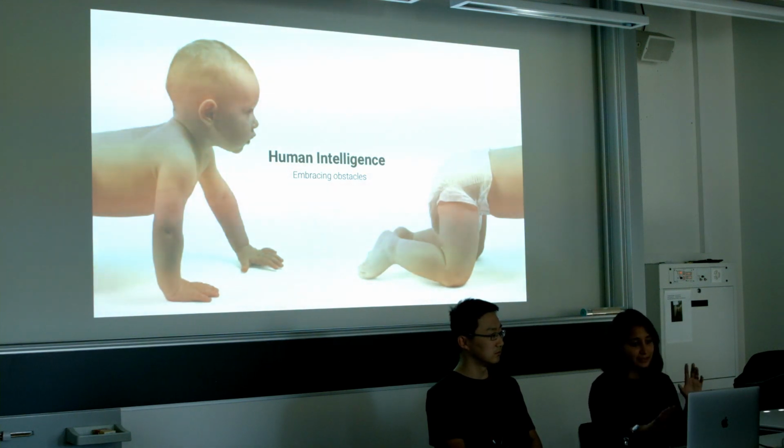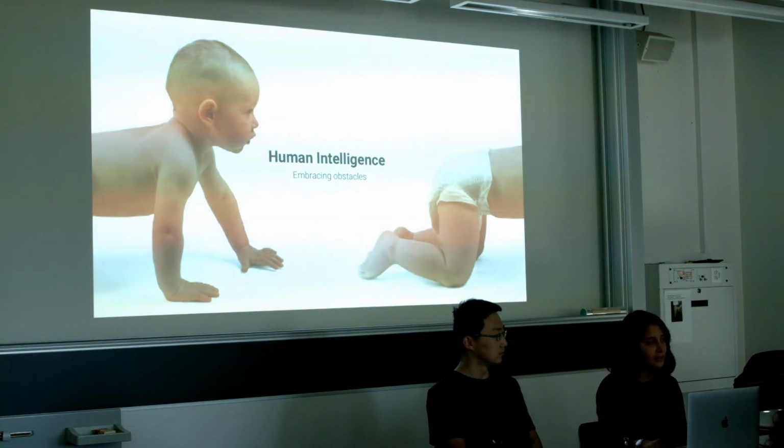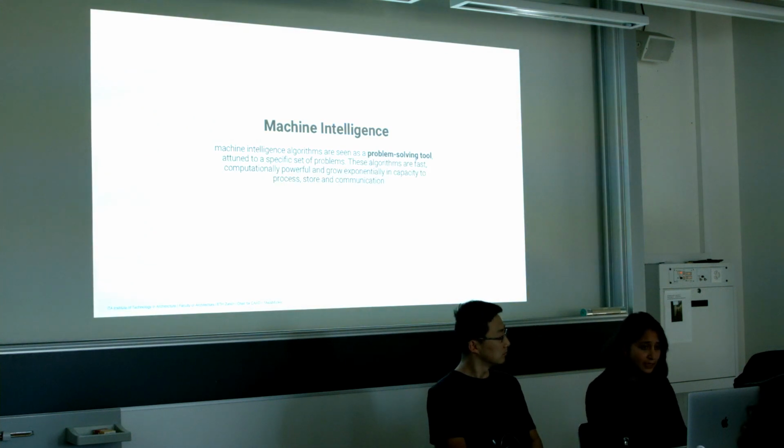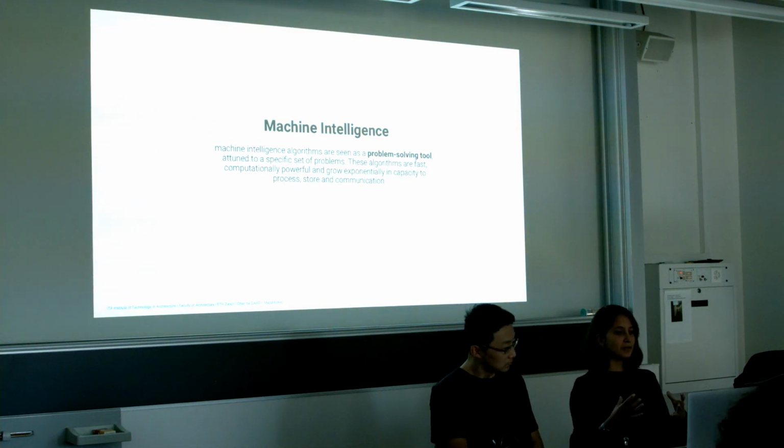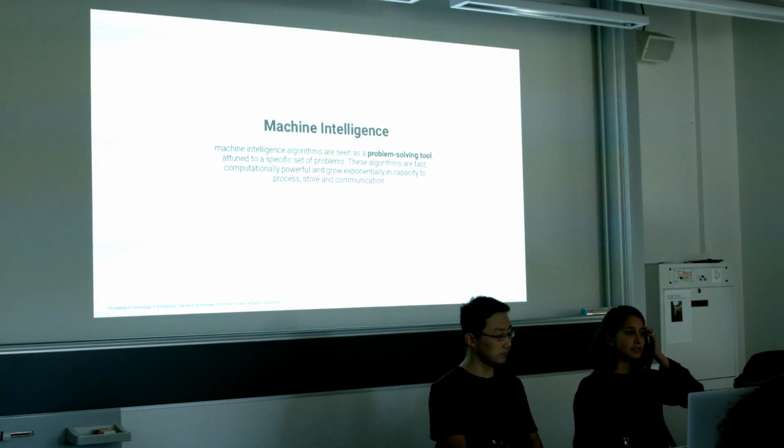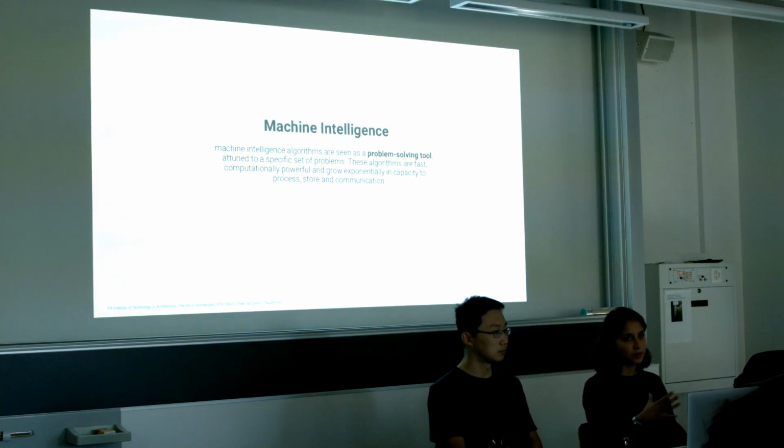But this is actually the main difference with machine intelligence, because from the beginning, machine intelligence was always designed as a problem-solving tool. It doesn't have to embrace obstacles, it only needs to achieve a task which is already predefined by humans. That could be the main difference between these two types of intelligence.